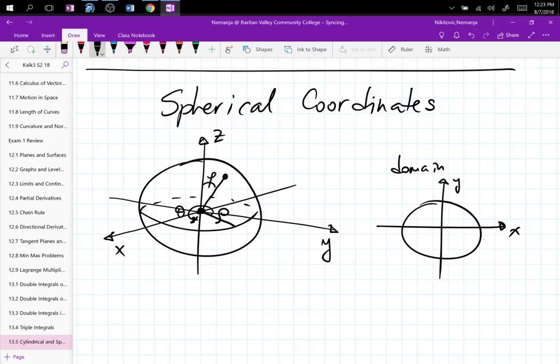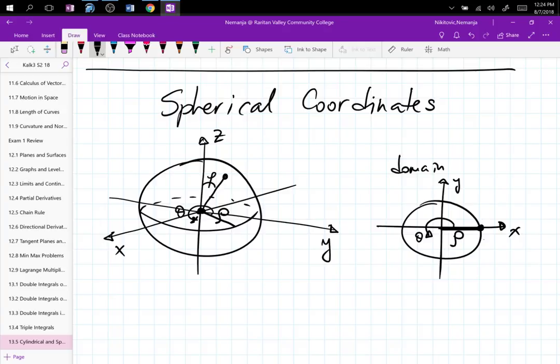And this domain has the radius now labeled as rho, and it has angle theta, whether I want the full ball, the quarter of the ball, depends on what I want. So now I have the polar coordinates base. It's rho theta. Used to be r theta, now it's rho theta. On top of that one, I also introduced the angle phi.